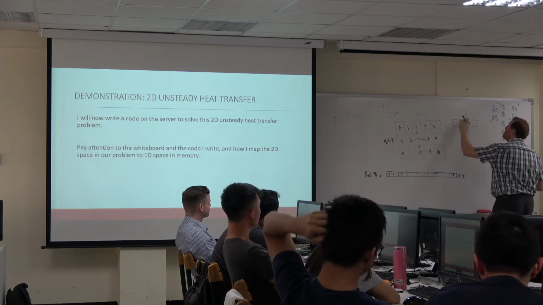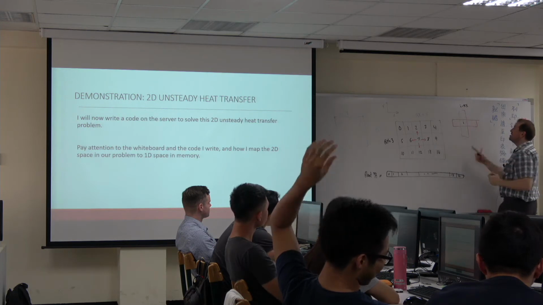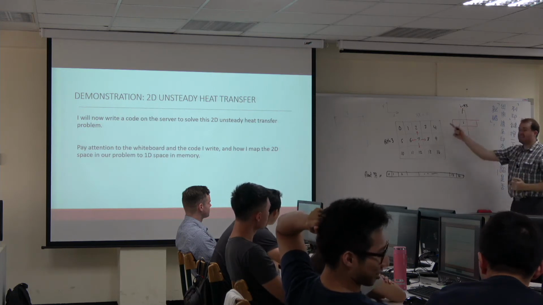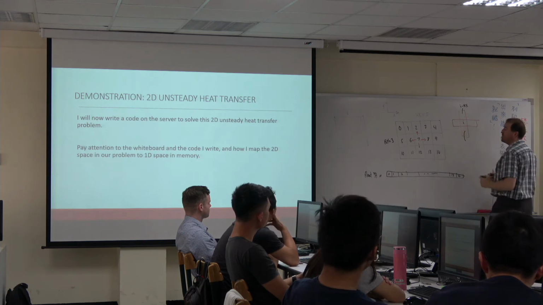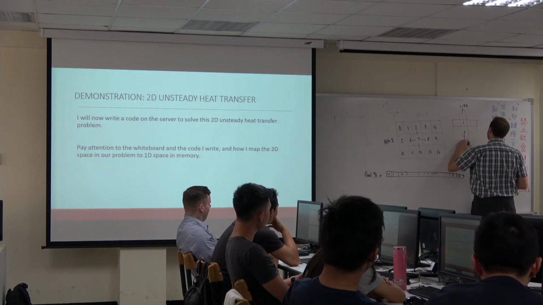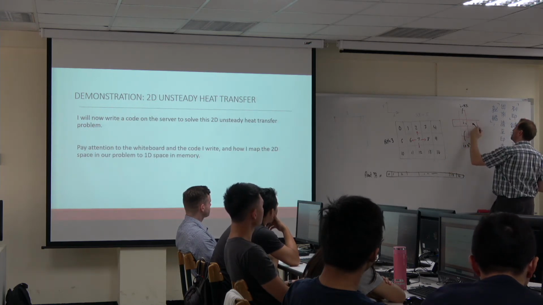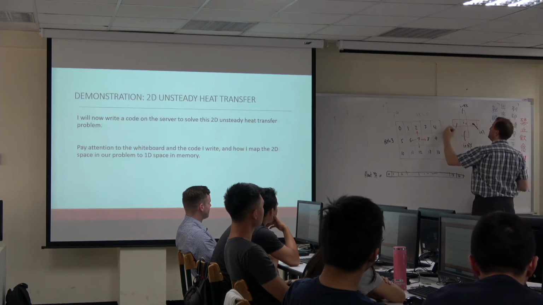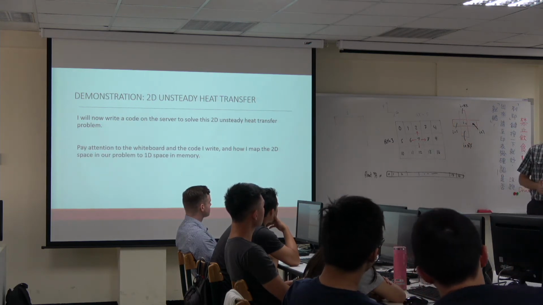So there's I. This must be I minus nx using the indexing system I've created here. This one here is what? Yep. This one here, I plus 1, I minus 1. So it should be pretty straightforward.